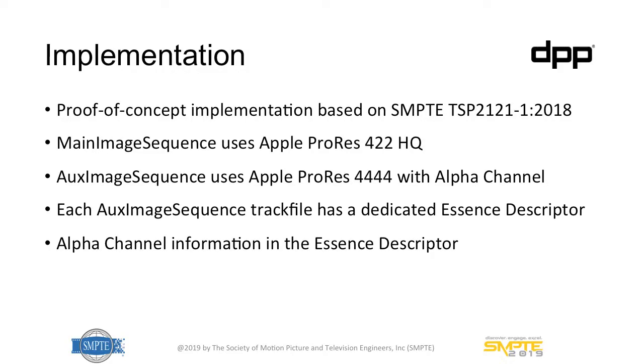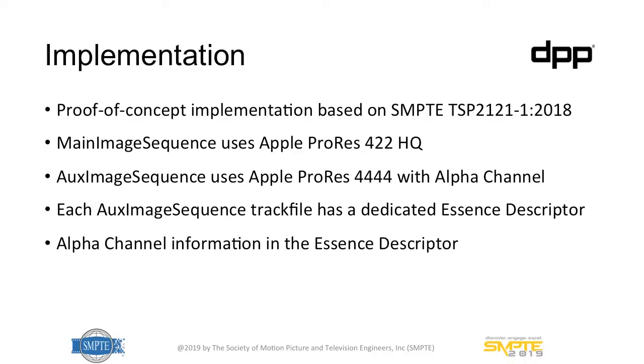So speaking of the implementation, when we did this work, it was not just theory. We also did a prototype implementation to see how things work. And we used the DPP's TSP2121-1 specification, which is an IMF using Apple ProRes as a codec.